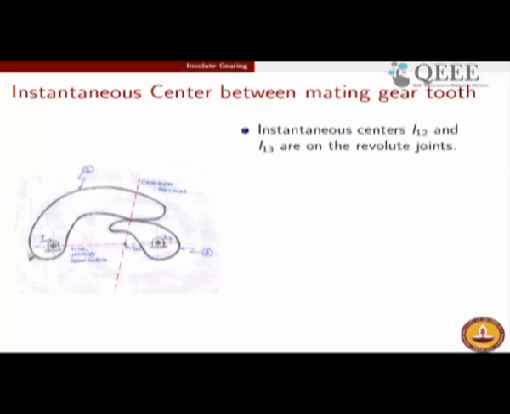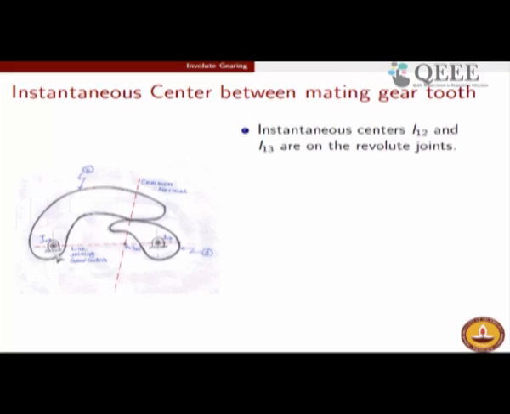We have this body numbered as body 2, and the other gear, the smaller of it, is numbered as body 3. The two gears are rotating with respect to the frame, and the connection between each of the gears and the frame is through a revolute joint. This revolute joint is the instantaneous center between the frame and the gear. As I said, the gears will be denoted by 2 and 3, and 1 is the reference for the frame.